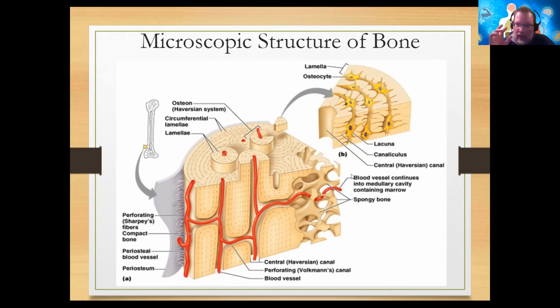And then within the long bones, you have a medullary canal where bone marrow lives. And then once we look at the cellular aspects, we see blasts building bone, clasts chiseling bone, and cytes as mature bone cells.